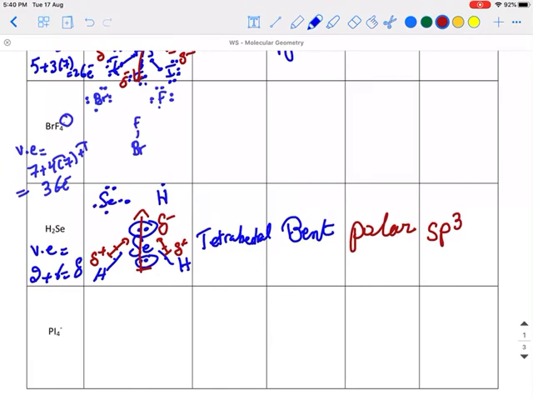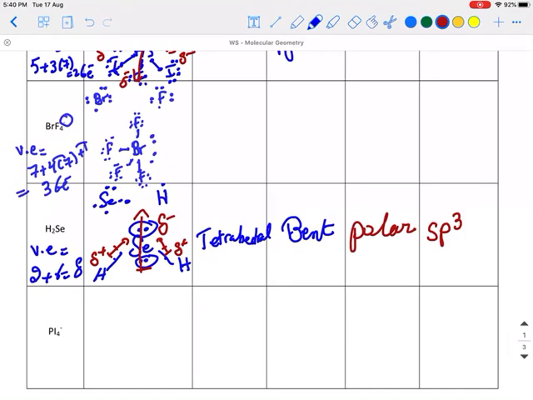We have bromine surrounded by four fluorine, each fluorine carrying 6 electrons. 6 times 4 is 24, 25, 26, up to 32, and 2 lone pairs, 34, 35, 36.